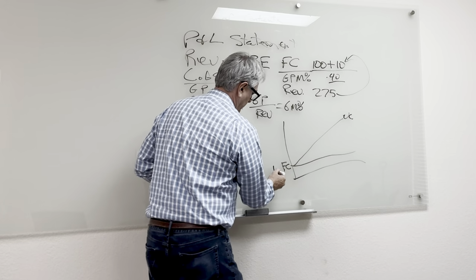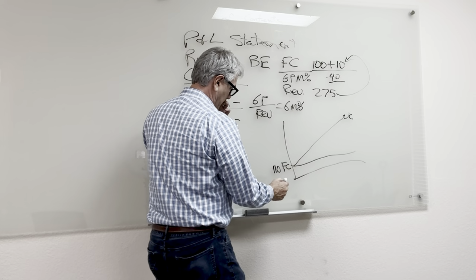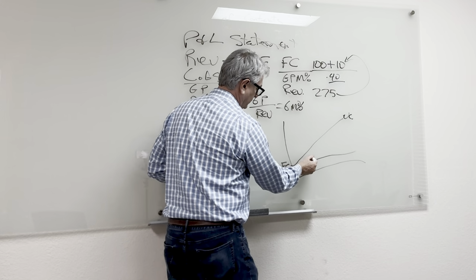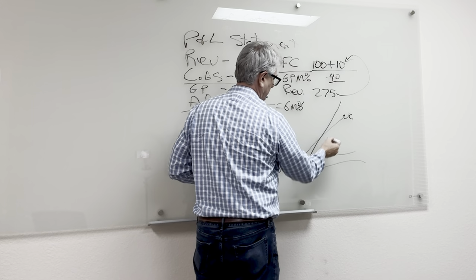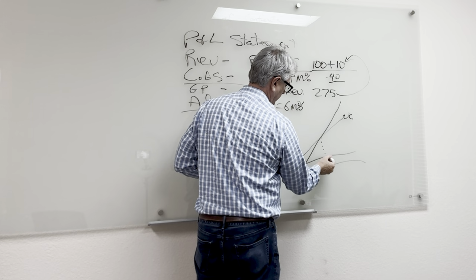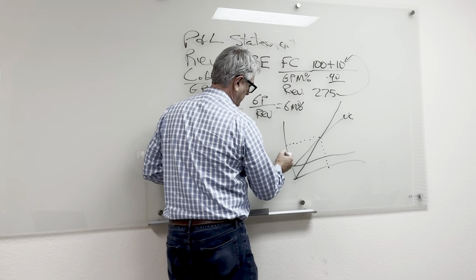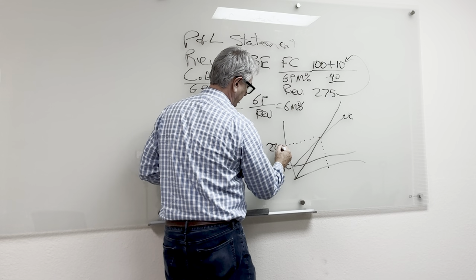So if this is 110, and we want to find out what that break even is, so our revenue comes up like so. And so this is our break even point, which would be 275.